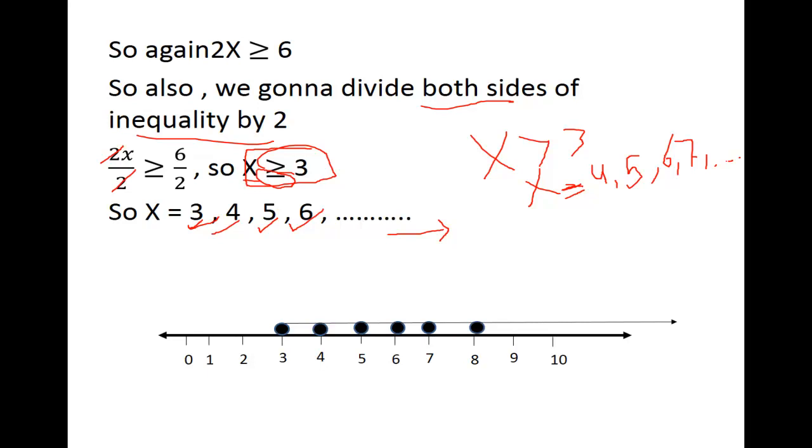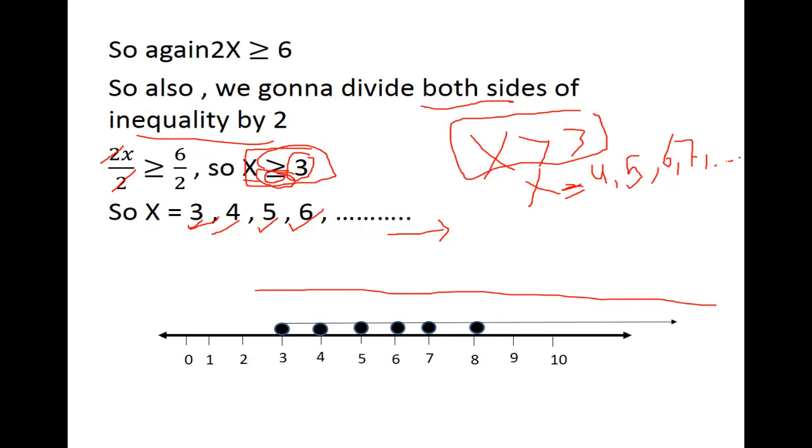You have to know the difference between x more than 3 and x more than or equal to 3. If we have x more than or equal to 3, we take the 3 as a solution: 3, 4, 5, 6, 7, and so on. But if we have x only more than 3, the numbers after 3 will be correct. In this example, we have an equal sign, so you take the 3 as a solution also.